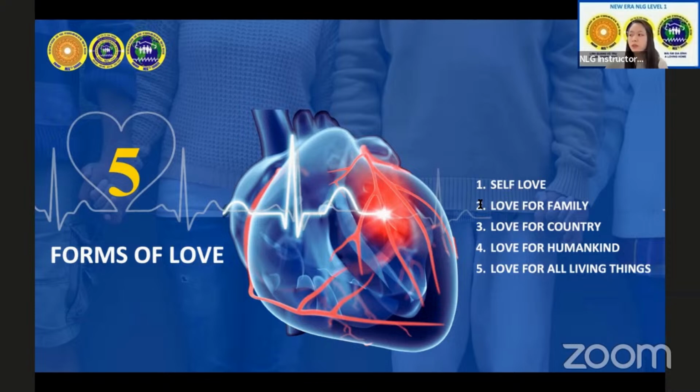So with the 5 forms of love, the point is, of course, moving gradually to the 5th form of love. When we start with self-love, it doesn't mean that we're being selfish, or that we only have regard for ourselves. It's more so that we understand the things that we need to do and we have a strong mindset.